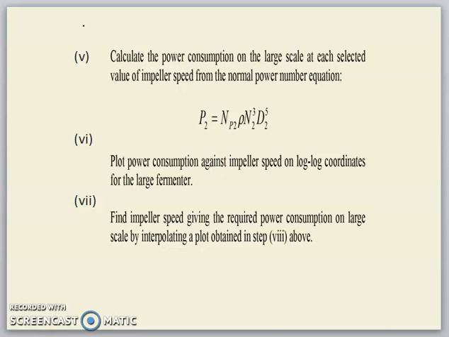Then you calculate the power consumption on the large scale at each selected value of impeller speed from the power equation, plot the power consumption against impeller speed on log coordinates for the large fermenter, and find the impeller speed giving the required power consumption on large scale by interpolating the plot.